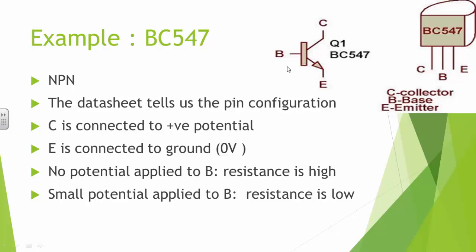So this is the situation where we apply a small current to the connection and get a large current. So we put a small amount of power into the base and it drops the resistance of the transistor down to essentially null. But because it's attached to a power supply, we can get lots of power from a tiny amount of power.